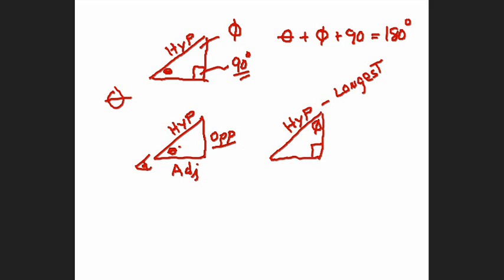If I'm looking from here, and I'm going to put another eyeball, if I'm looking from there, then this side becomes the opposite, and this side is the adjacent. So, and I've done this in class, this is just a refresher, what we call the sides of our triangles depends upon where you're looking from.